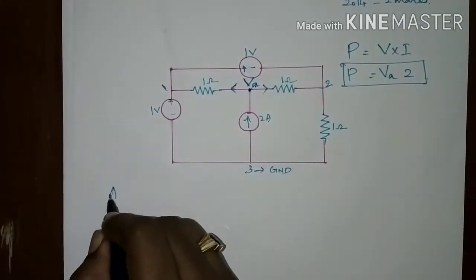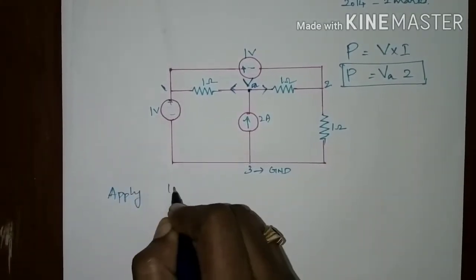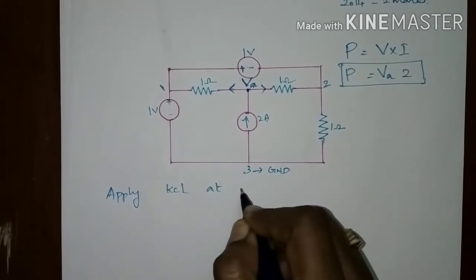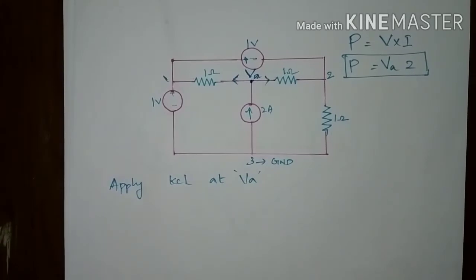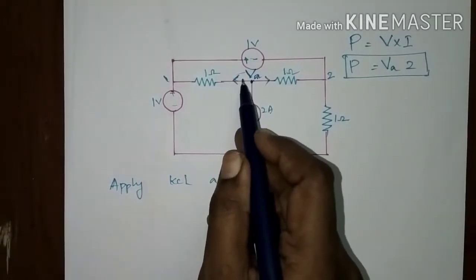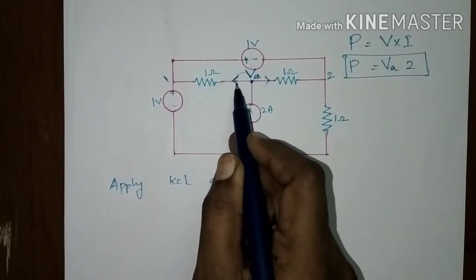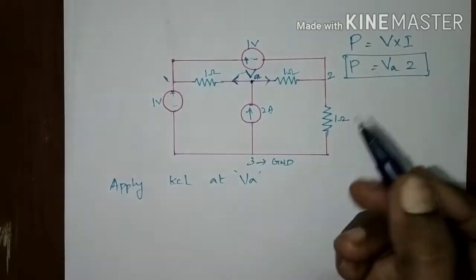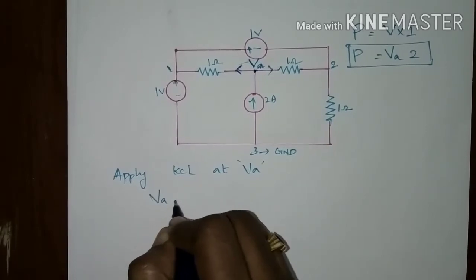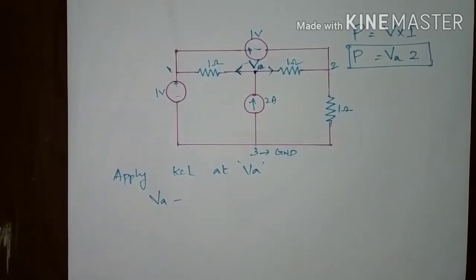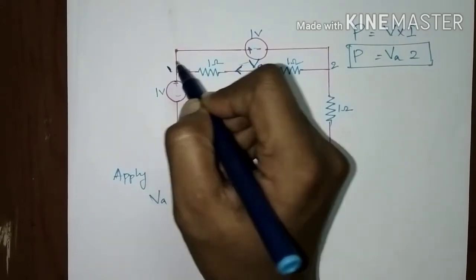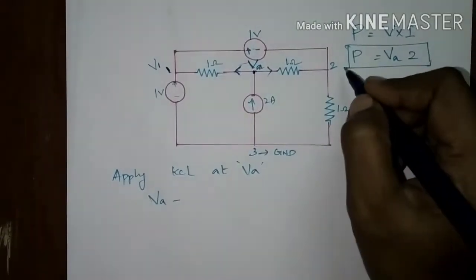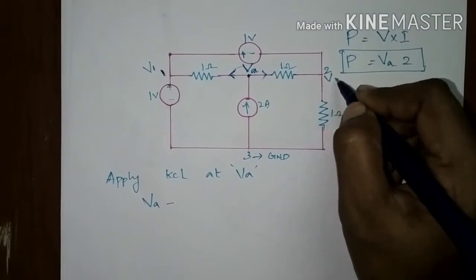So, apply KCL at VA. KCL in the sense, sum of the incoming current would be equal to sum of the outgoing current. The outgoing currents are these. This current can be measured by difference in potential divided by the resistance. So, VA minus, see, assume node 1 is at V1 voltage and node 2 the potential is V2.